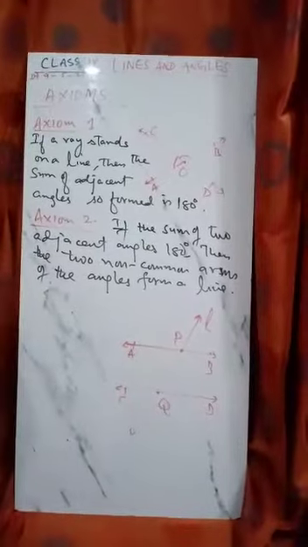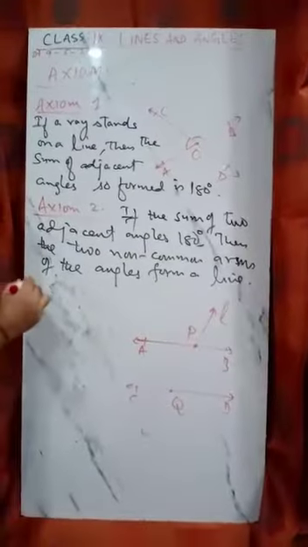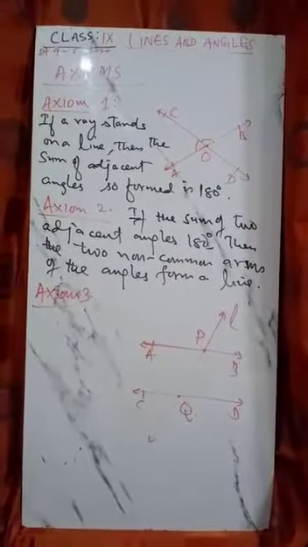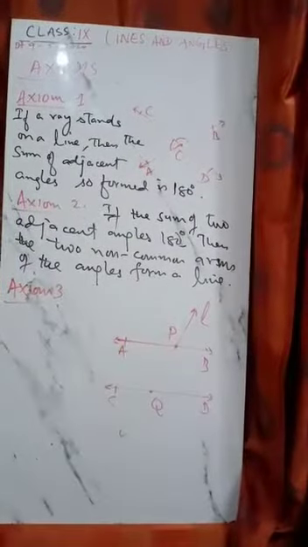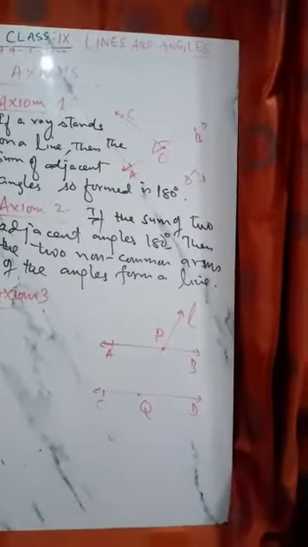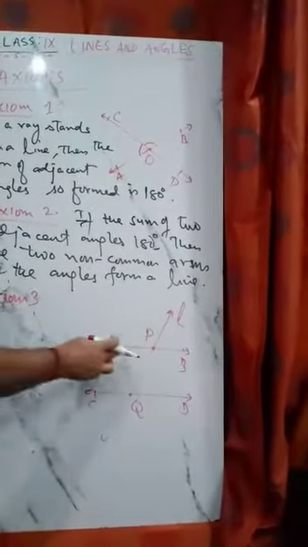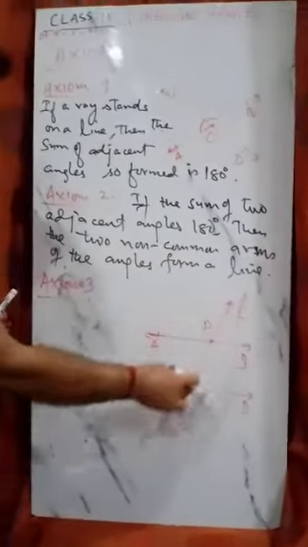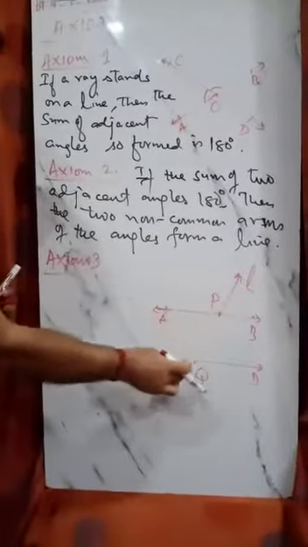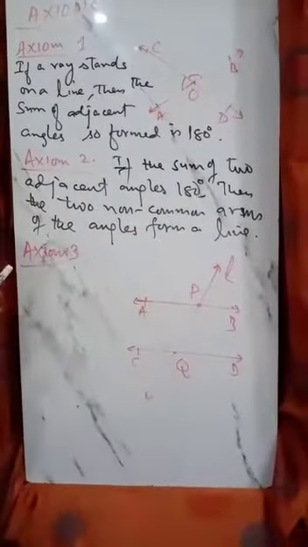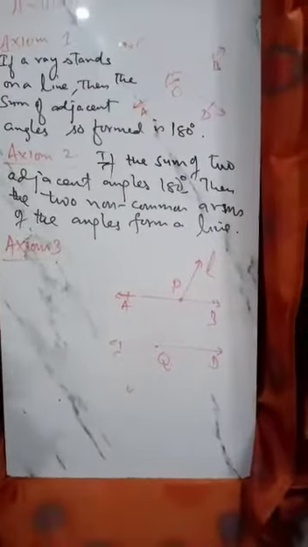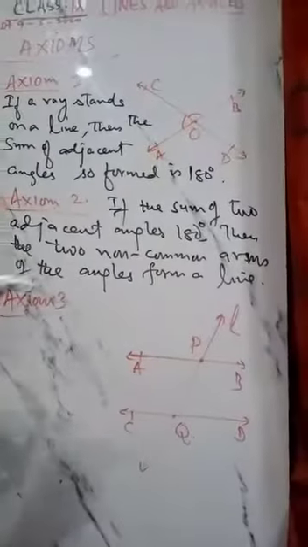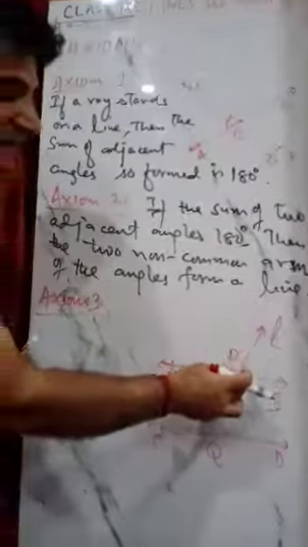Next, axiom number 3: if a transversal intersects two parallel lines, AB and CD are two parallel lines, and line L is a transversal intersecting AB at P and CD at Q, then the pair of corresponding angles is equal.